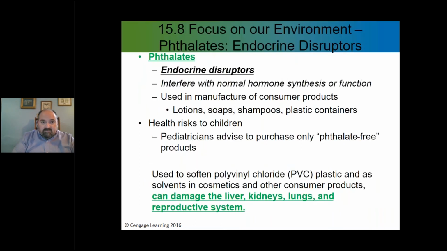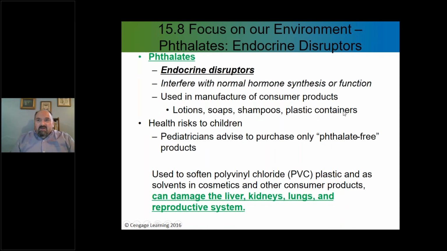All right. Now, as far as endocrine disruptors, okay? So look at this here as far as what can affect the body's functioning endocrine system. So these are disruptors. So you'll think interfering with normal hormone synthesis, production of hormones, and the function of the hormones. So lotions, soaps, shampoos, plastic containers.